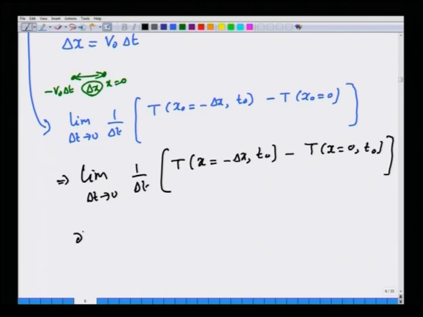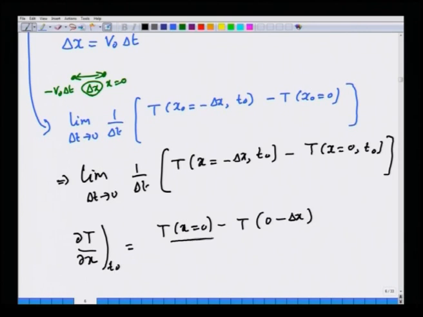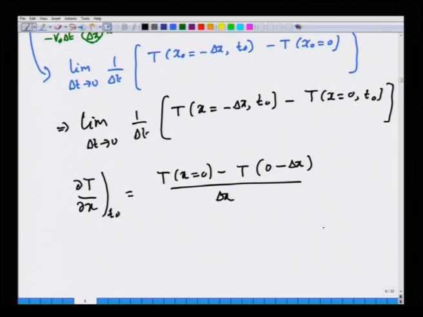But if you recall, what is the fundamental definition of the rate of change of temperature with respect to position at a given time? Let us say this is T at x equal to 0 minus T at x equal to minus delta x, divided by delta x. But in our case, delta x is nothing but v 0 delta t.